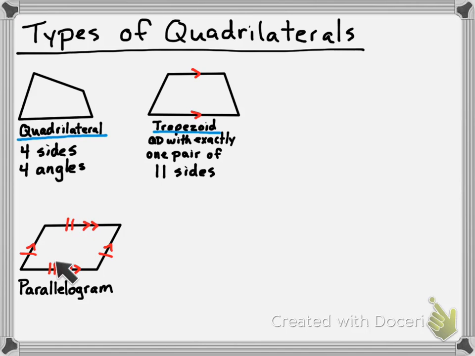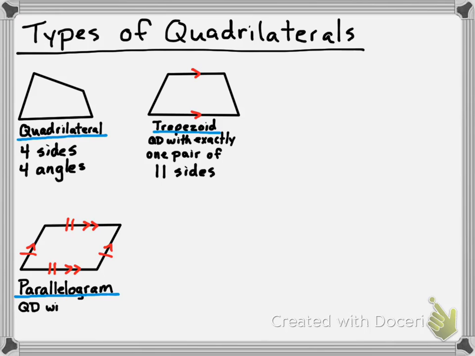Two tick marks and two tick marks means these two are congruent. They're the same length. And they have two arrows and two arrows because these two are parallel to each other. Okay, so a parallelogram is also a quadrilateral, because all of these are quadrilaterals.